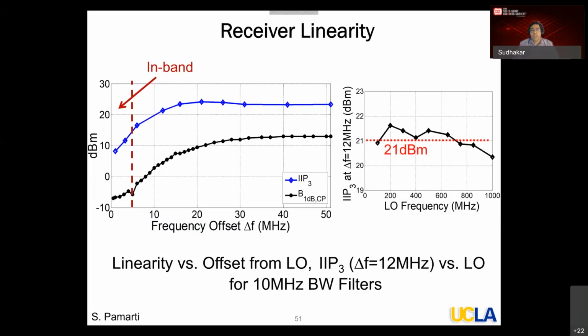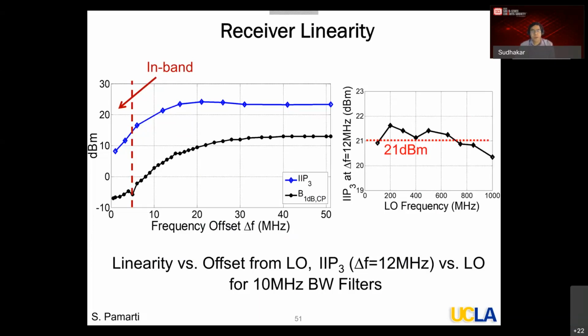This is about 21 dBm. Now this is an older paper of ours, I think maybe around 3 years or so older. Most recently, we will present something at next year's ISSCC, actually, another version of this where we've been able to get up to, I believe, 38 dBm IIP3, if I remember correctly.